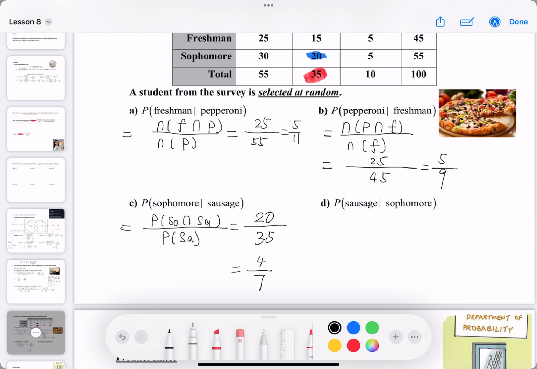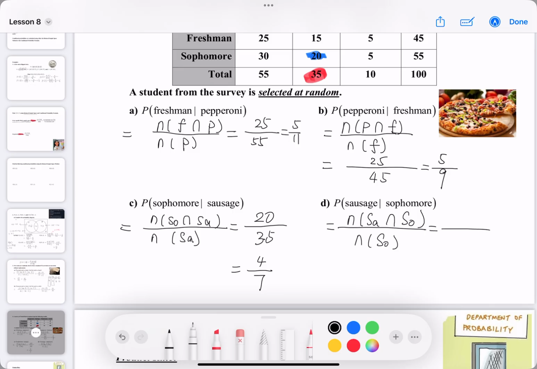7 over 4. And next question is P of sausage given sophomore. So rewrite it. N of, my bad. This is N. Okay, N of sausage and sophomore divided by N of sophomore.